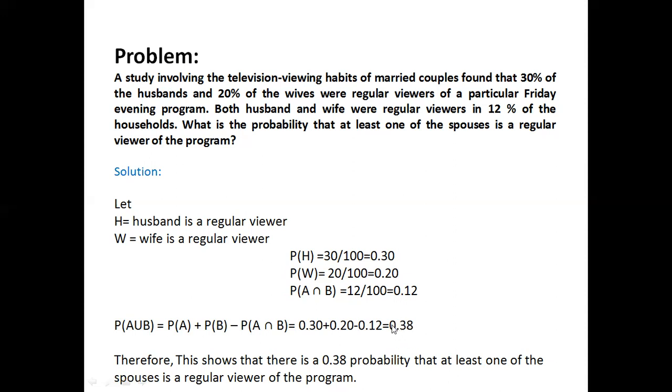So what does this probability show? There is a 0.38 probability that at least one of the spouses is a regular viewer of the program.